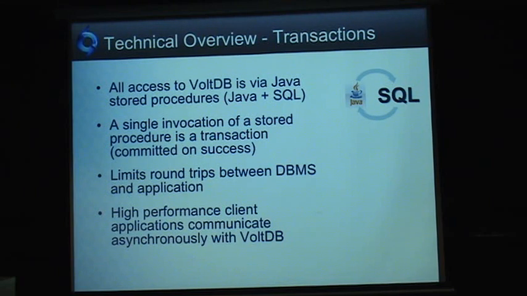And something we'll get into in more detail is you can write a really high-performance client with Volt because our wire protocol allows you to communicate asynchronously with the database. You're not synchronously putting a transaction on the wire and watching a response come back. You're putting as many transactions on that wire as fast as you can, and then you're pulling responses off the server. Depending on how you're writing your application, in Java you do it in threads, in C++ we do it a little bit differently.